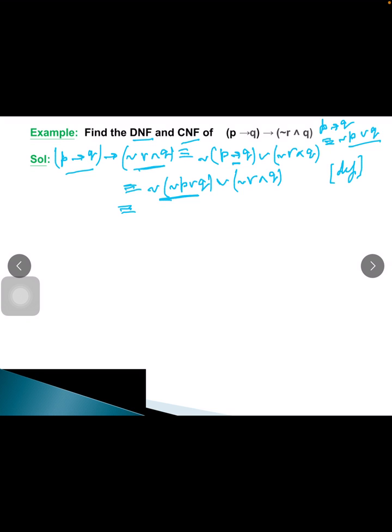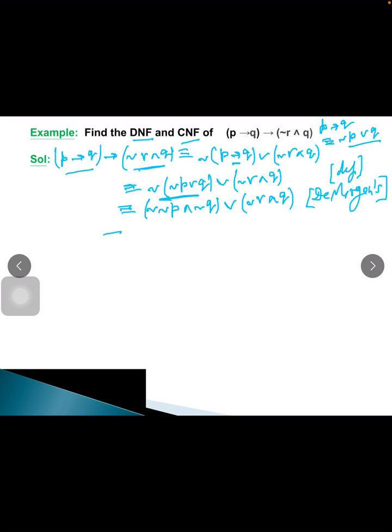And what does De Morgan's law say? The negation of negation P, and the or is converted into an and, and this becomes the negation of Q. And this is our negation of R and Q. So here we use De Morgan's law, okay.